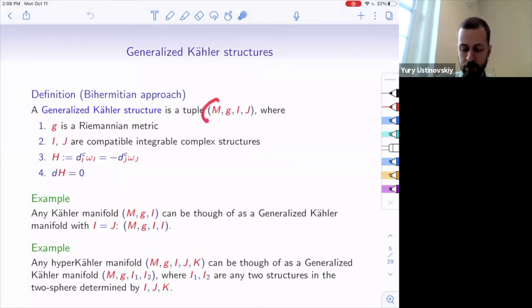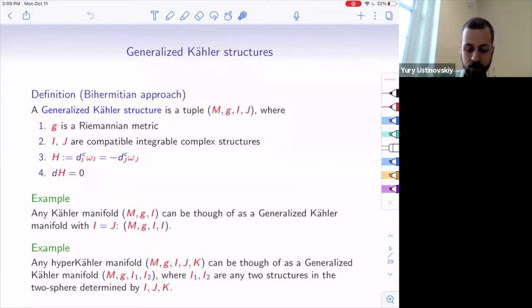So we start with a smooth manifold M, and from now on, a generalized Kähler structure consists of the following data. It is a Riemannian metric G. It is two integrable complex structures I and J, compatible with the metric, meaning that they are orthogonal transformations.